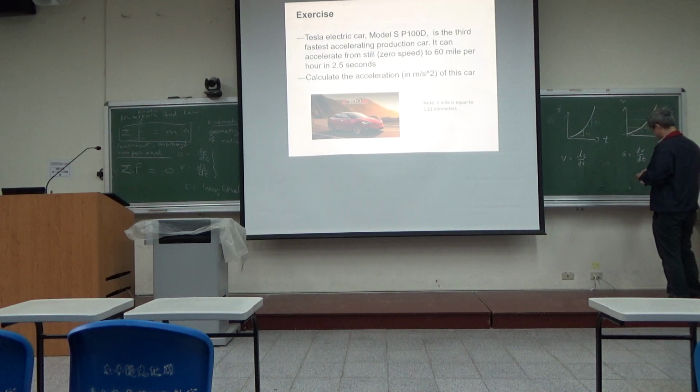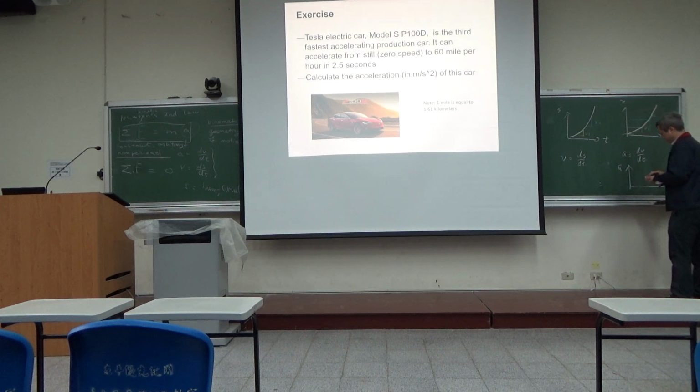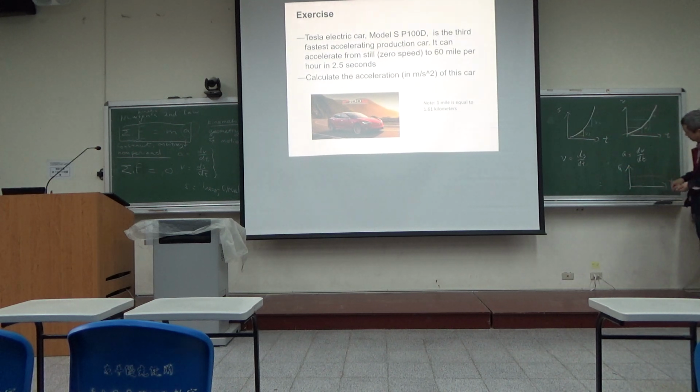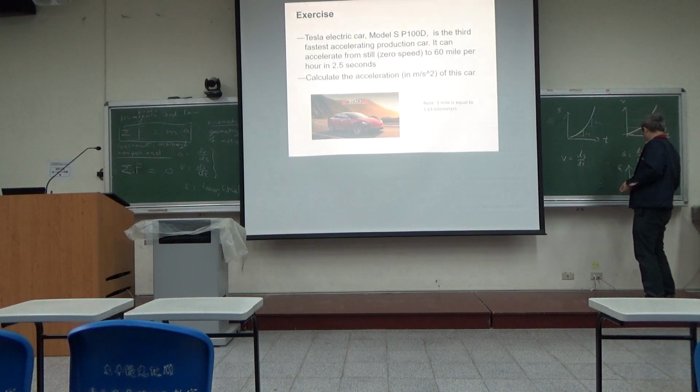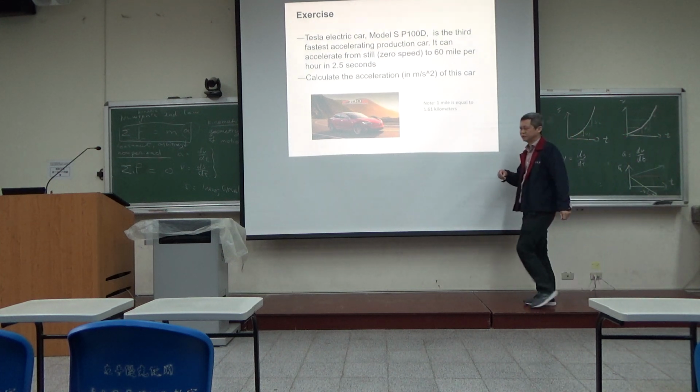If this slope is constant, the acceleration versus time is going to be a constant. If it's accelerating, it's going up. If it is going down to the negative area, then it starts decelerating.